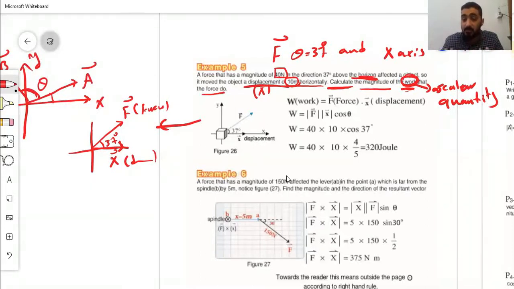If the resultant is a vector quantity, we must use vector multiplication or cross multiplication of vectors.